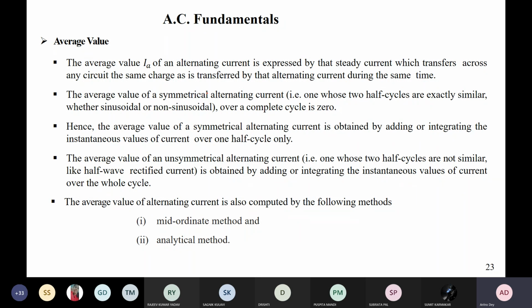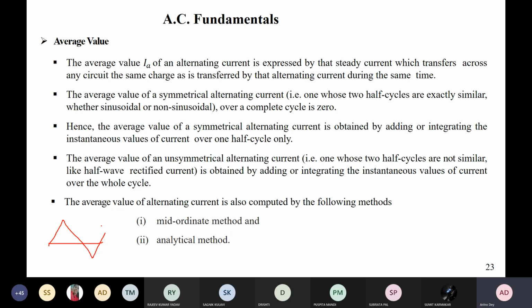Okay, so the average value of a symmetrical alternating current is that of one whose two half cycles are exactly similar, whether sinusoidal or non-sinusoidal. Then over a complete cycle it is zero, and it is well understood because if it is triangular also, then this area is plus and that is minus. If they're the same, then the average is zero.